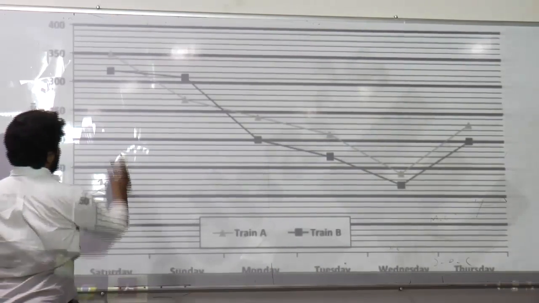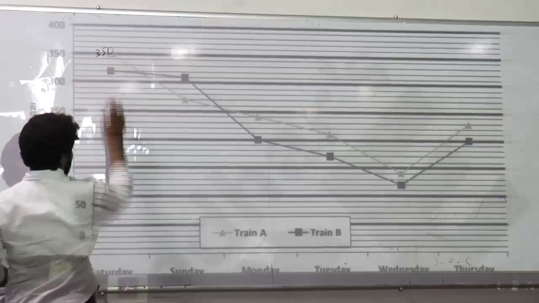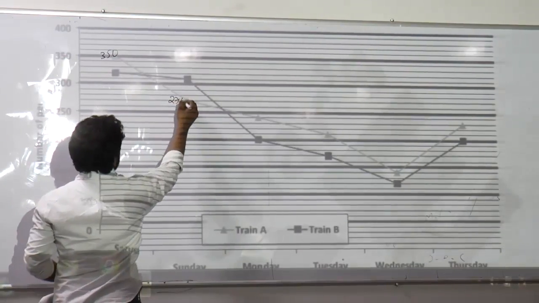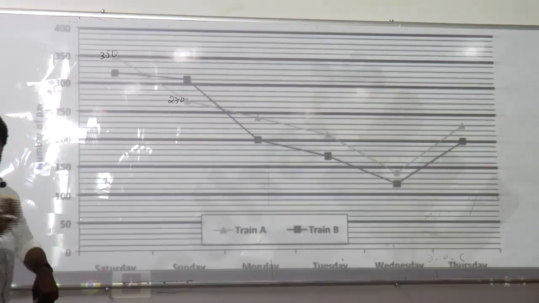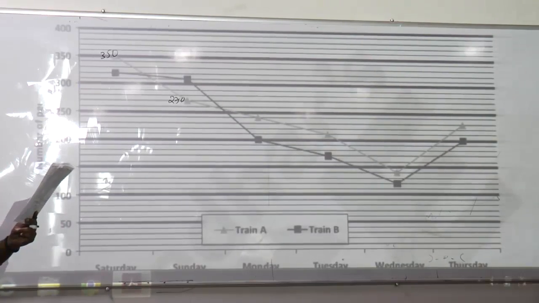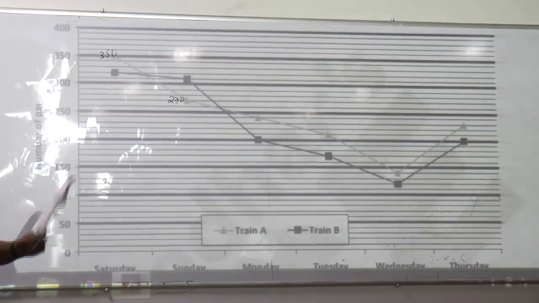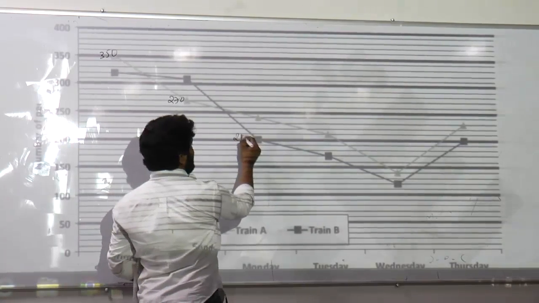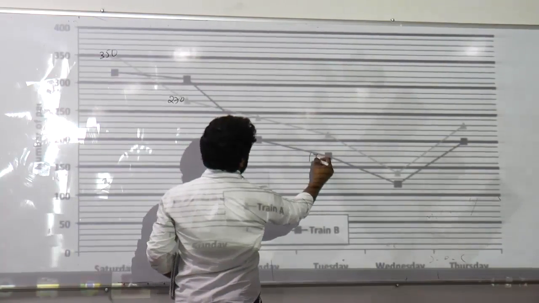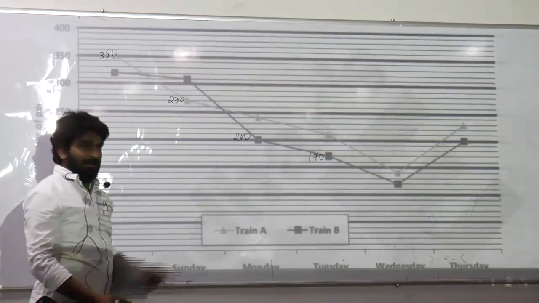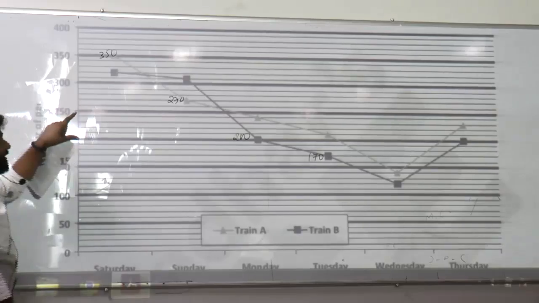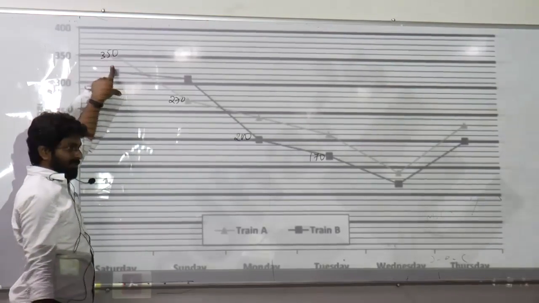Train A, Saturday it is already given 350 and Sunday it is 270. You need to add these two numbers and then need to take difference from train B. And for train B you need to consider Monday and Tuesday. This one is 200 and this is 170. Sum of these two numbers 370, and need to subtract it from this thing.